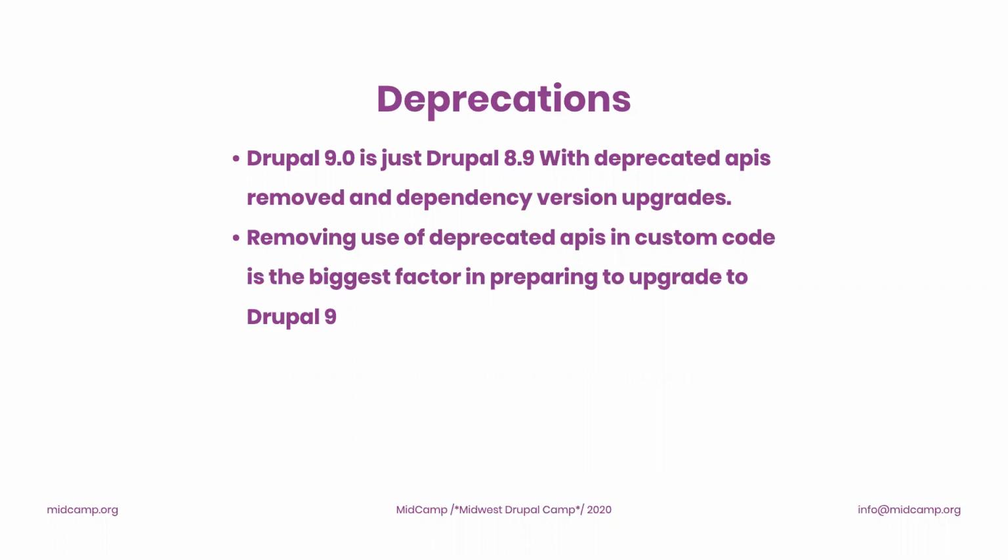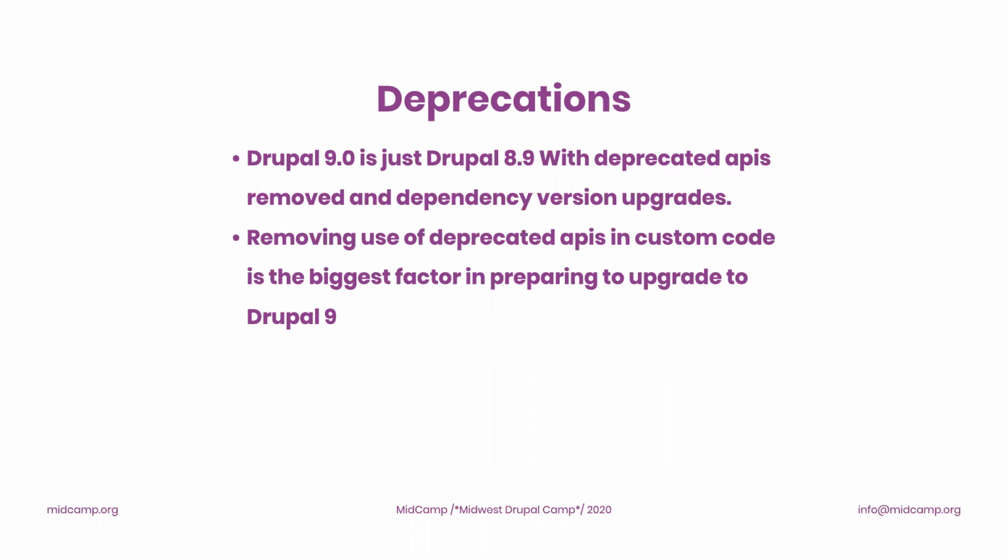So through each of Drupal 8's minor releases, new and improved APIs have been created, and at the same time, the old APIs have remained in the code base. These old APIs are, for the most part, still functional in Drupal 8.9, which leads me to one of the other big takeaways for today: Drupal 9 is really just Drupal 8.9 with all of this old deprecated API code removed, and then a few dependency updates, such as moving from Symfony 3 to Symfony 4.